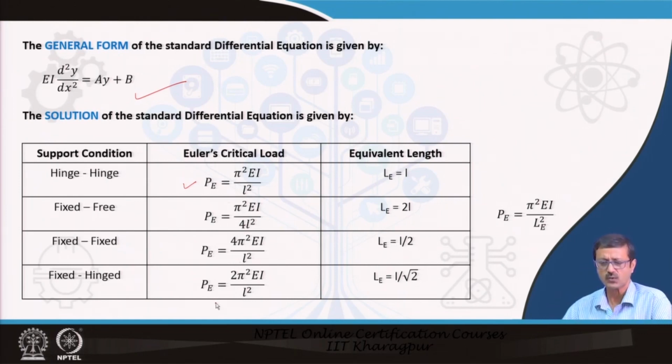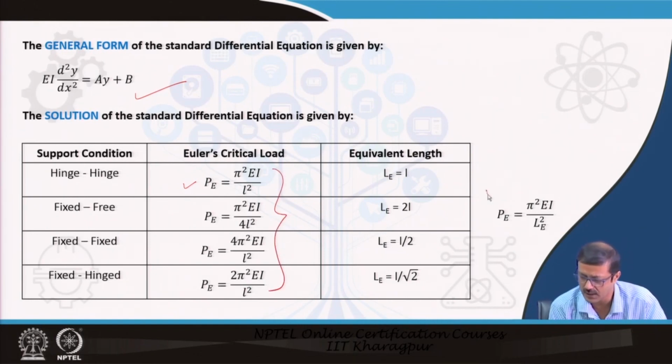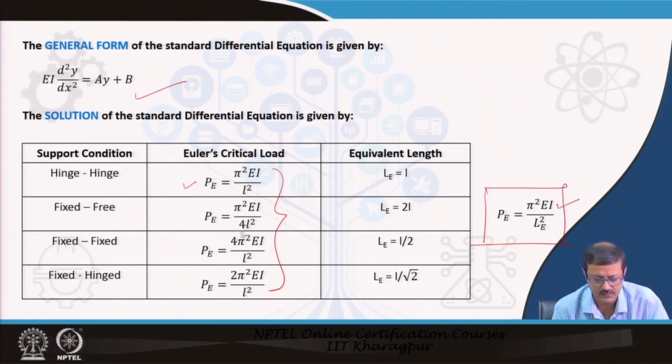So, we can rewrite the Euler's critical load equation like this, where pi square EI will remain the same, and L and this numerical value can be written as L_E square, where L_E is the equivalent length of the column.